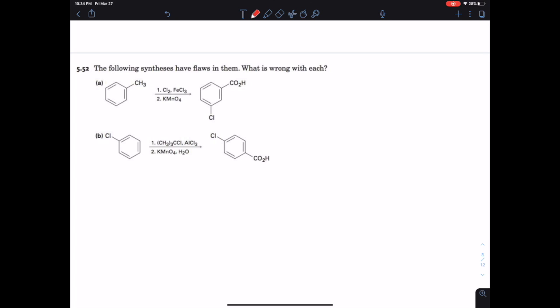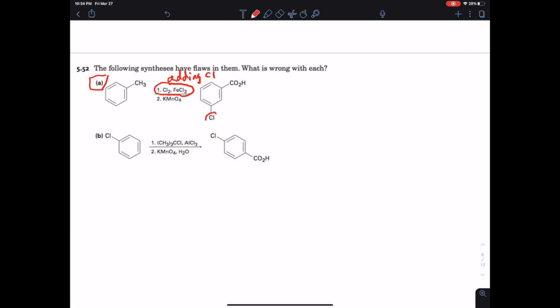Now, in this problem, number 52, it says that these syntheses have some flaws, and you're supposed to find out what's wrong with them. So, in the first step, we are adding chlorine. So let's work on A here.